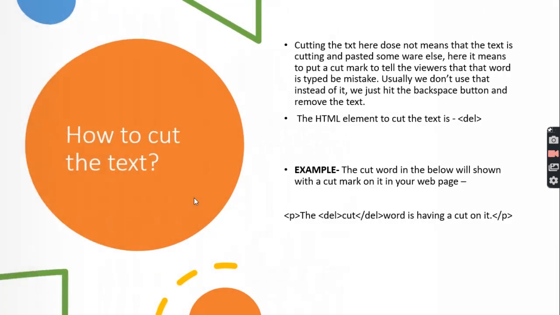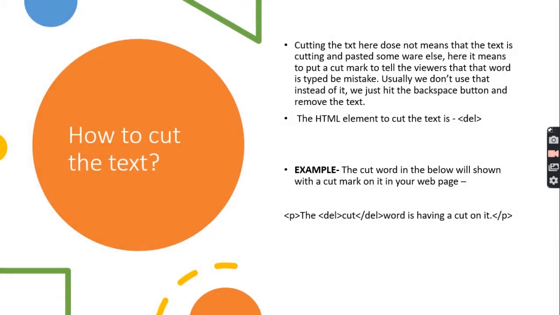So now let's see how to cut the text, or how to put a cut mark on the text. Cutting the text here does not mean that the text is cut and pasted somewhere else, as I told you before. Here it means putting a cut mark to tell the viewers that this word was typed by mistake. Usually we don't use this because we just hit the backspace button and remove the text.